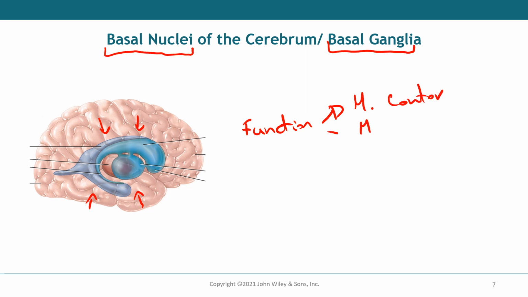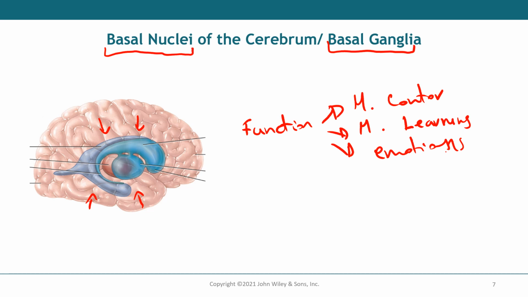Also, it could be motor learning. It could also be execution of functions. It could be also emotions. There will be many more functions, but this is the main idea.